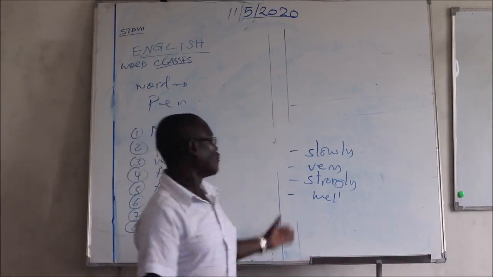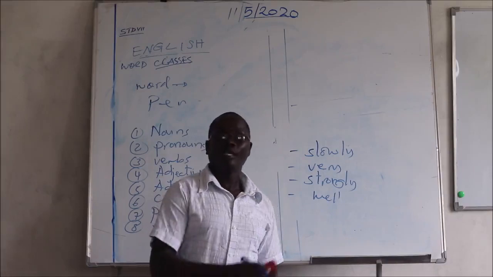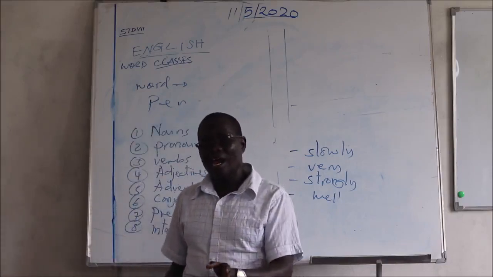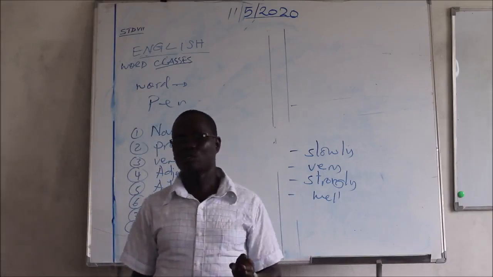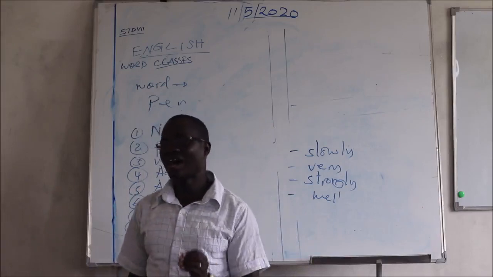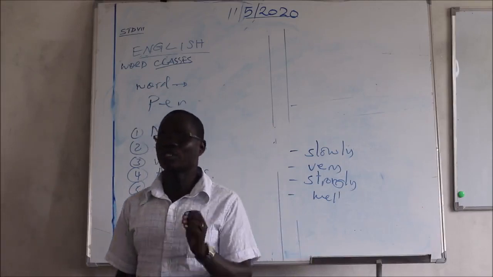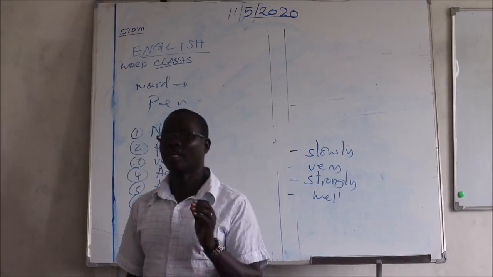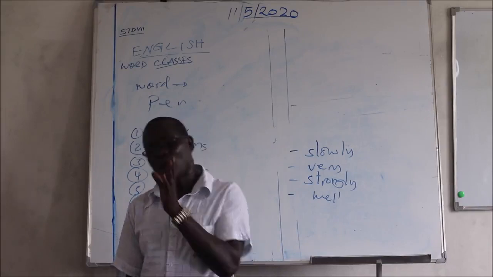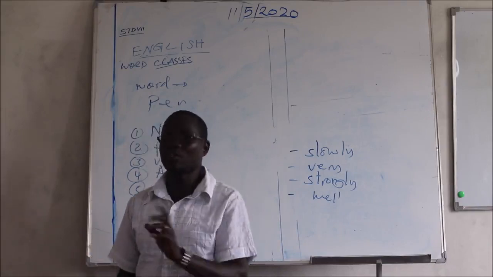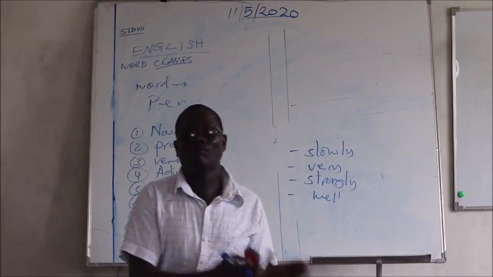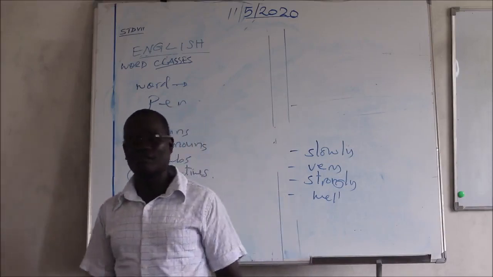And an example of an adverb describing another adverb: when I was listening to Mr. President's speech, I realized that he was talking very politely. Now, politely is an adverb, but very is also an adverb. Here we can see how an adverb can describe another adverb.